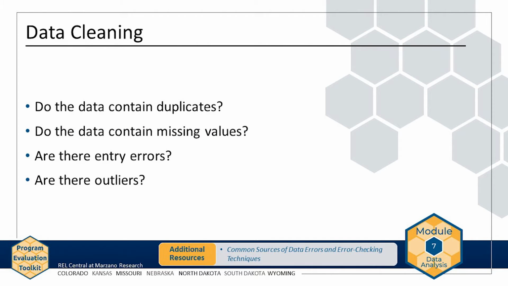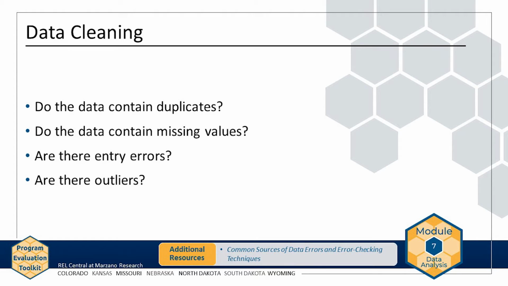Start by cleaning the data. You may want to review the handout Common Sources of Data Errors and Error Checking Techniques, available on the Resources page of the website, before you begin this activity. In the Descriptive Statistics Activity Workbook, click on the Messy Data tab. Consider the following questions.